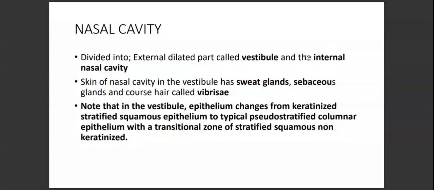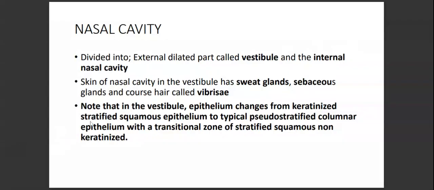If you palpate your nose, you can feel that the anterior part of your nose is made of soft tissue, and as you palpate upwards towards the bridge of the nose, you can feel some bones there. Inside those bones, there's a cavity. That is what we call the internal nasal cavity. Those are the two divisions of the nasal cavity: the vestibule and the internal nasal cavity.